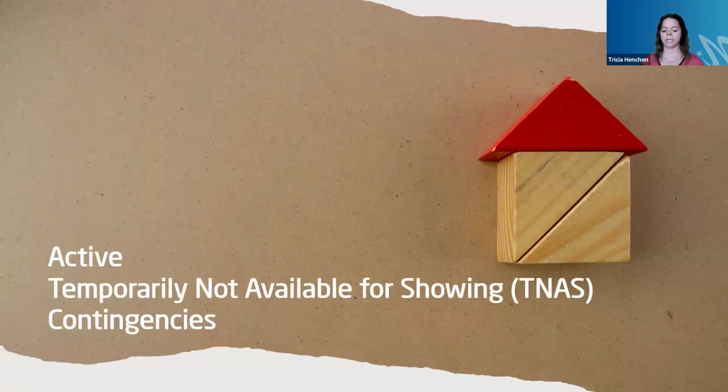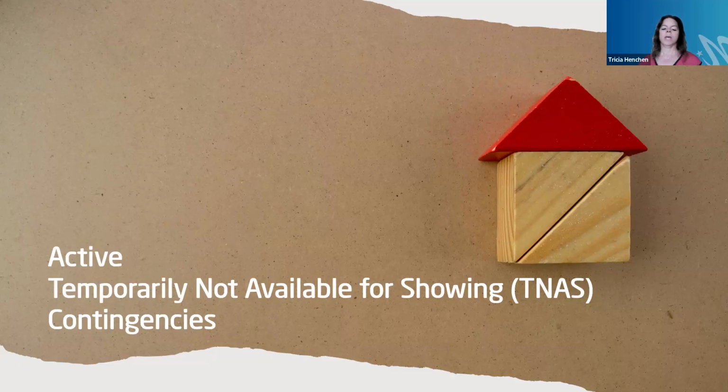Rental properties is 72 hours. That is probably going to be exciting for those of you who do rental properties. If you do not have showings within the 72 hours, then it would need to go into TNAS. But otherwise, anything other than rentals, if it is not available within the 24-hour period, it would have to go to TNAS.